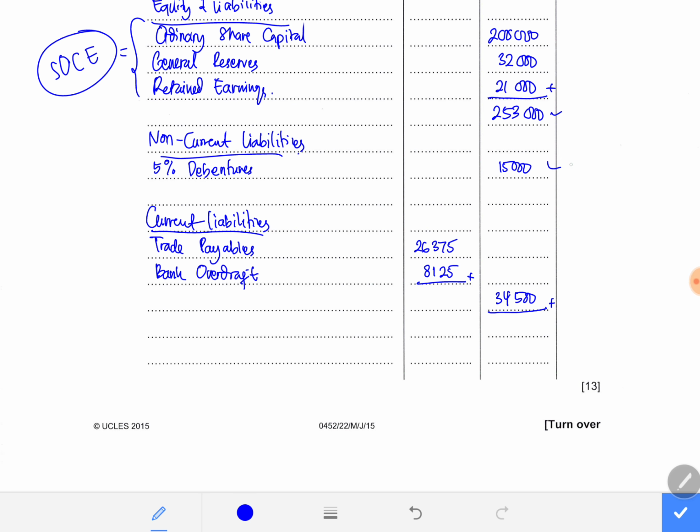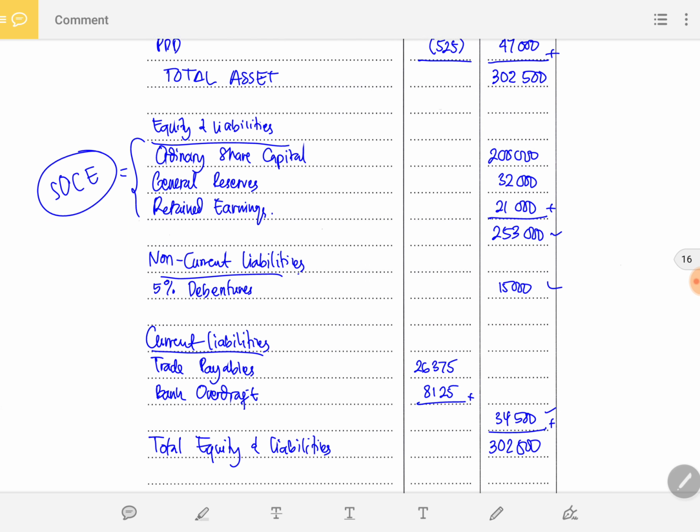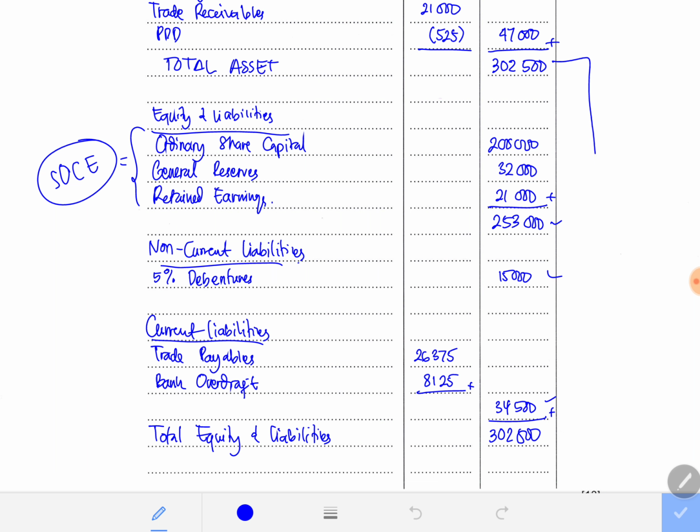You add 1, 2, 3, and then you have total equity and liabilities. Total is 302,500. Then these two must be the same, must always be the same.